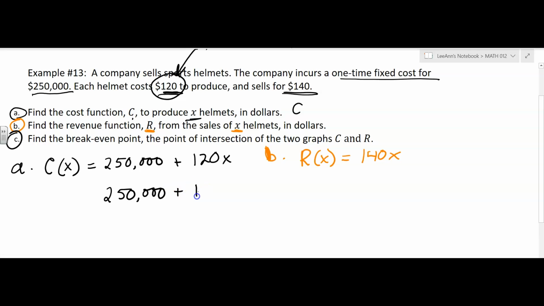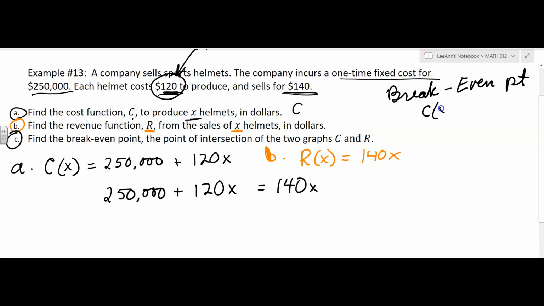They might show that in the book, I don't know. The break-even point is when C of X equals R of X. When your cost equals your revenue, then you're breaking even. If you sell more, then you'll start making money. So that's the idea here.